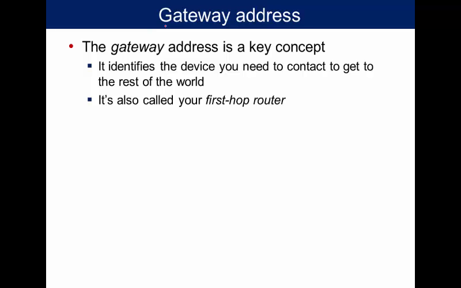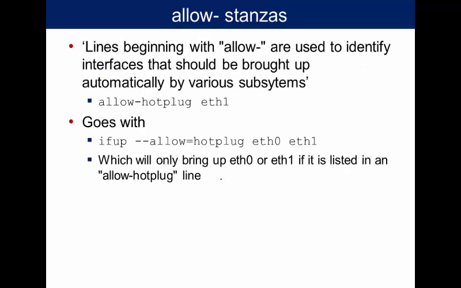So gateway is, in other words, the first hop router. What is the next router from your host? The first hop router needs to be specified. We call that the gateway address. What it means is that the communication from your host always goes through that gateway.